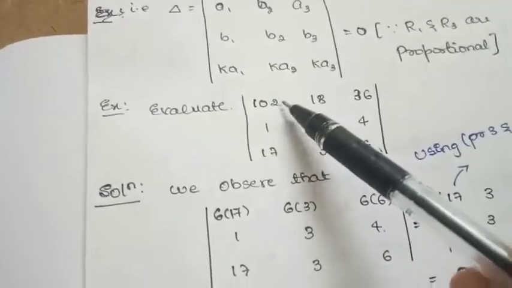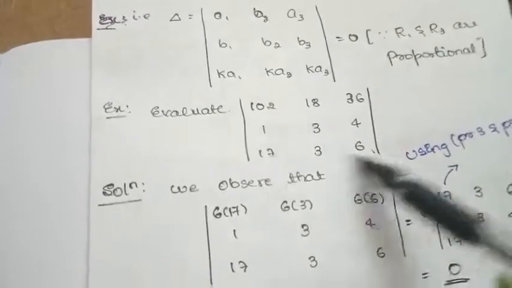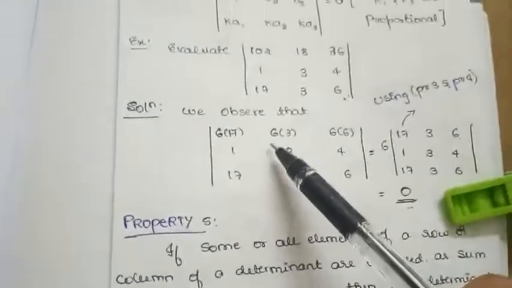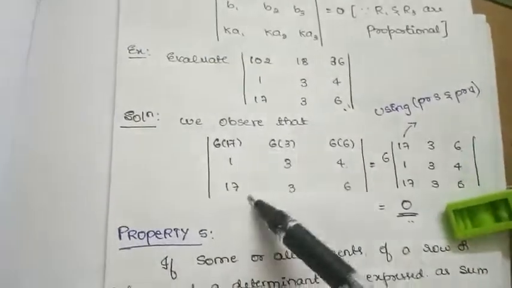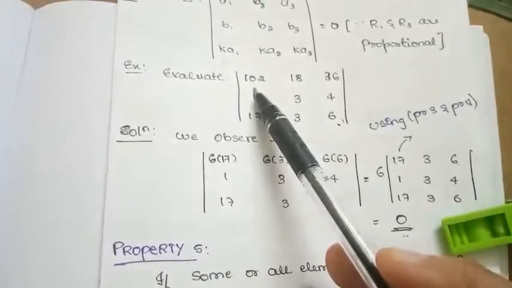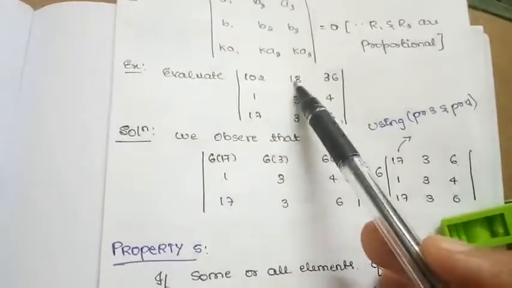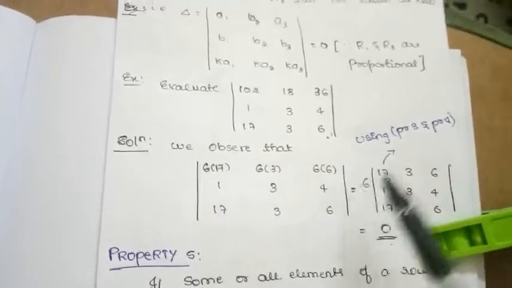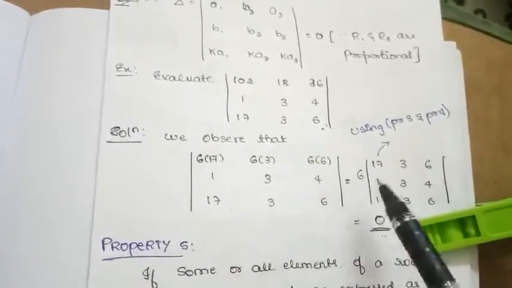Now look here, row R1 and row R3. Here you can see that there is a proportionality among these two rows, because 6 into 17 is 102, 6 into 3 is 18, 6 into 6 is 36. So 6 is a common factor in this one, so I can take that 6 common outside.